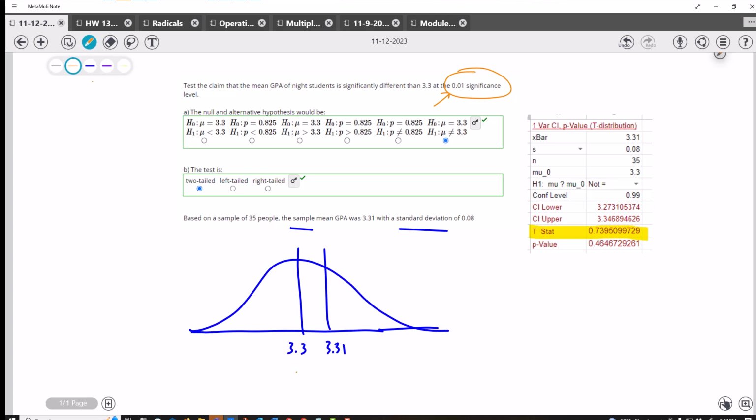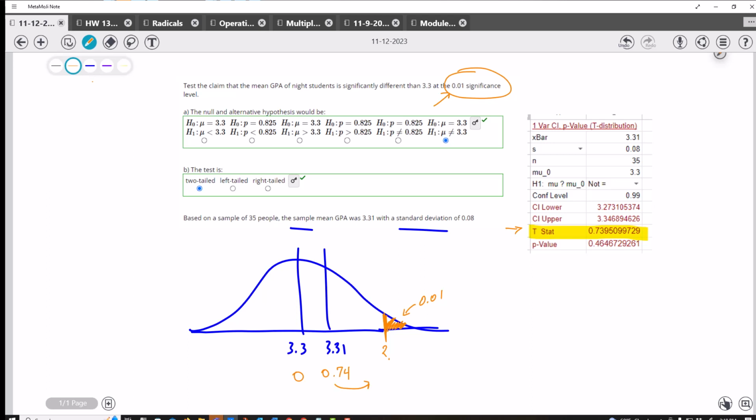So if this is 0, once again, my test statistic, I've standardized right there to 0.74, the way they show it rounded. What I want to know is if I'm cutting off 0.01, and I'm just guessing it's out here, I don't really know where it is, I want to know what that value is. I want to see, did my test statistic fall in that critical region?